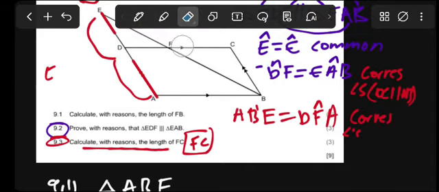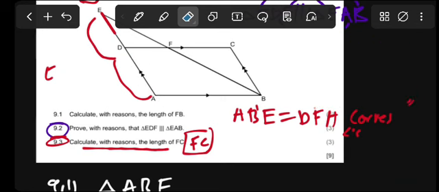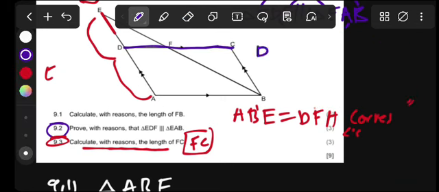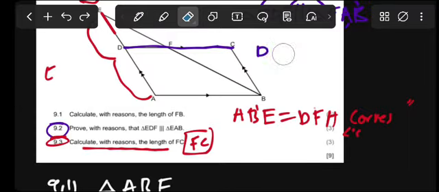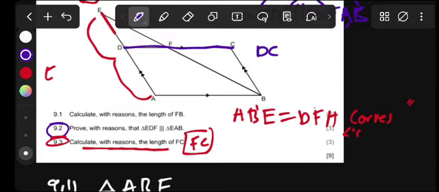If I can say DF, it's the same as, where is D, is DC. I want to take the whole length. Let me just say DC is the same as DF plus FC. So just the sum of these two.